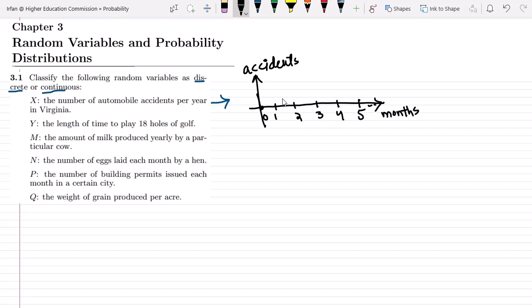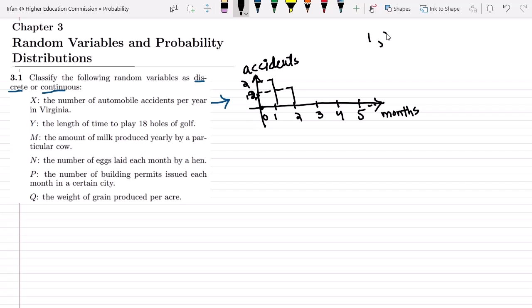These are basically showing us the number of accidents. Here this is 1, here this is 2, and in the second month we have 2 accidents and so on. So this is all about discrete values, and accidents can only be whole numbers.